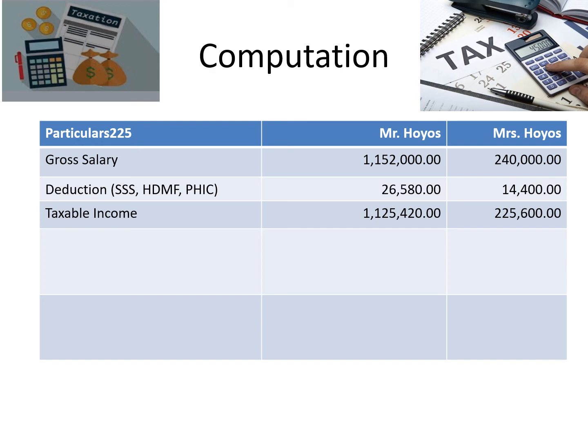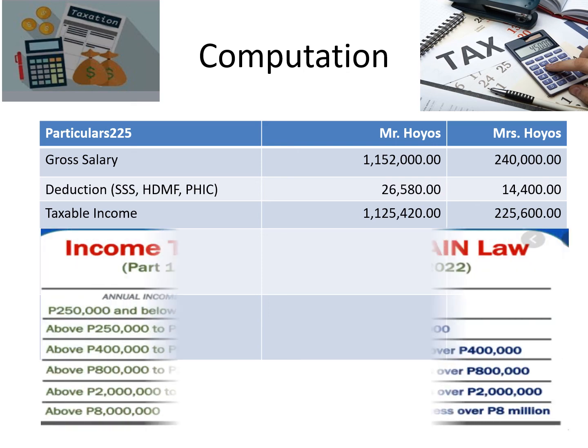That would now be 26,580 for Mr. Huyos, and for Mrs. Huyos, it's 14,400. So the taxable income for Mr. Huyos would now be 1,125,420, and for Mrs. Huyos, it's 225,600.